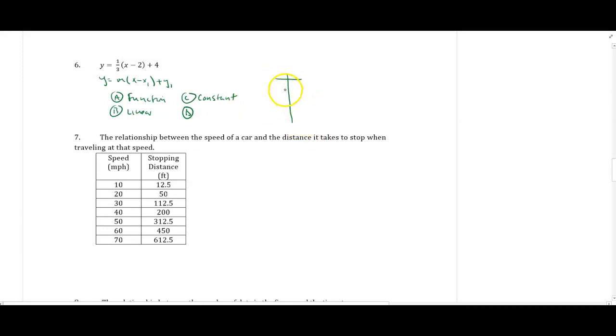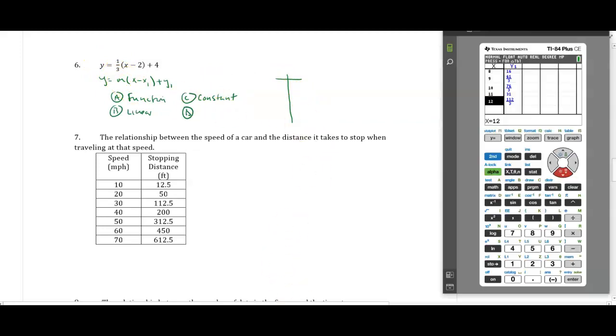Now, when I create a table, I know my slope is 1/3. So if I want to, I can go here again, and I can just type in, alpha y equals 1, arrow down 3, times x minus 2, plus 4.